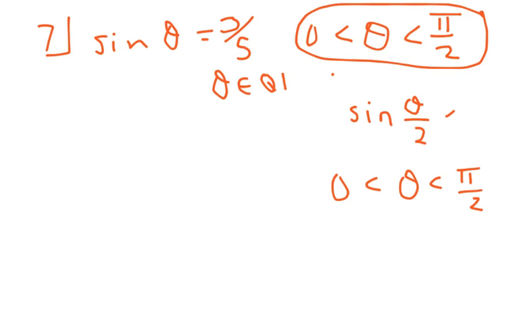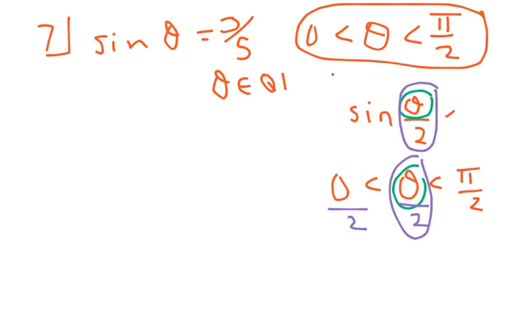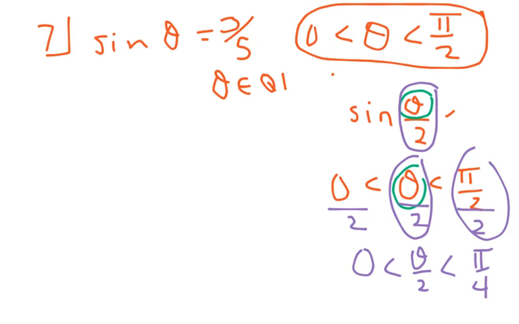This is my theta right here, but we seek theta over 2. So what we're going to do is divide everything by 2. Now these two match. When you divide this by 2, this is going to equal pi over 4, which still means we're in quadrant 1. We're still in quadrant 1, but when you're doing half angles, it's very important you have to change your domain, and we'll talk about that more in class.